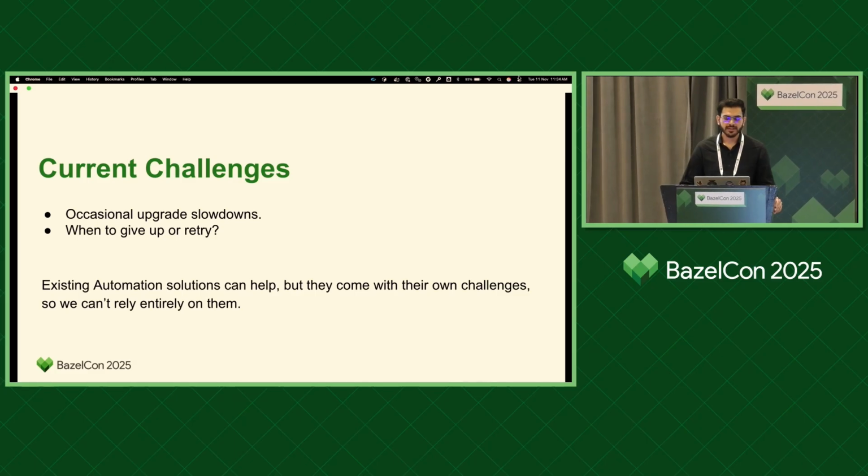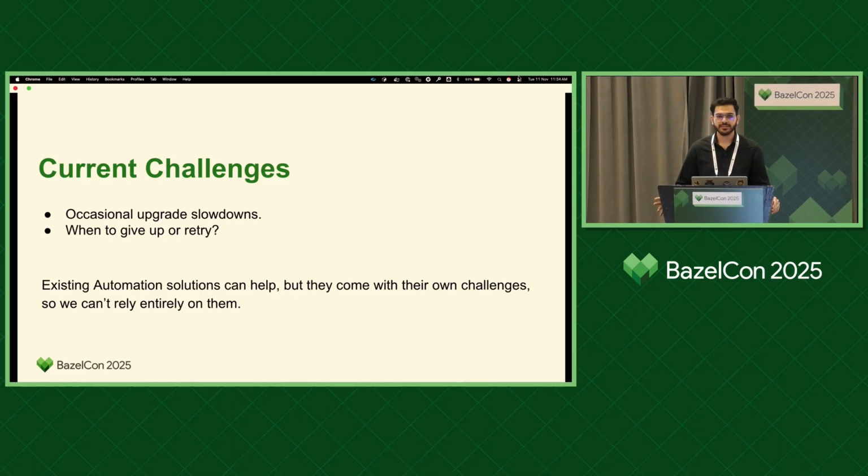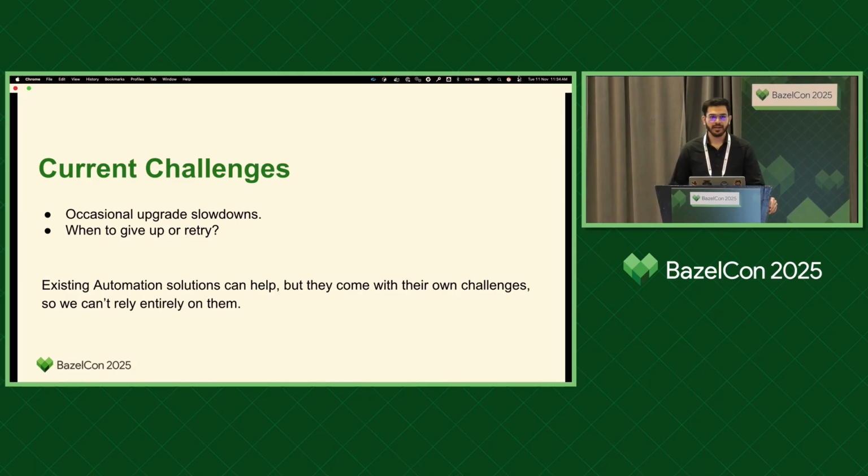The other reason is that, let's say, there is CI flakiness due to which the build has failed. In that case, automation should ideally retry. But automation doesn't have access to logs, due to which it can't. And honestly, we haven't added AI in this automation, so even if it had access to the logs, it couldn't say whether it has to give up or retry. This is another challenge to solve.